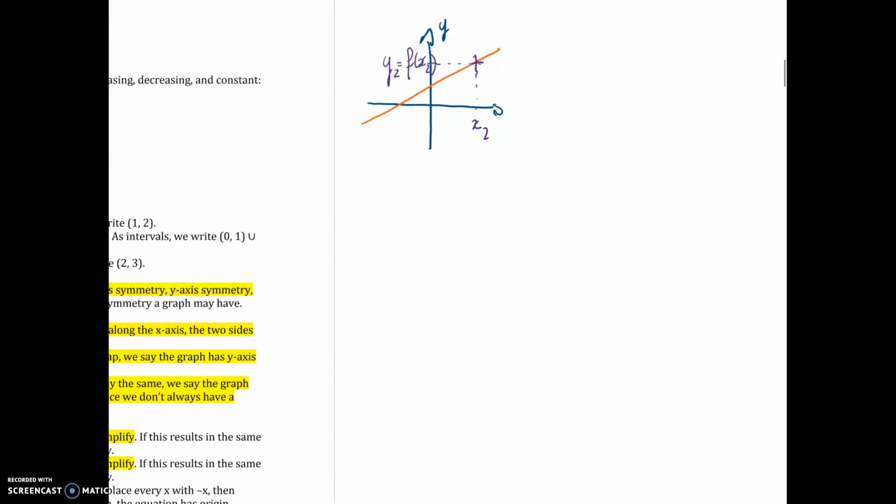I can do the same thing for a point x1, and for this point I have a value y1 equal to f when x equals x1. What I can see is that x1 is less than x2, and f of x1 is less than f of x2.